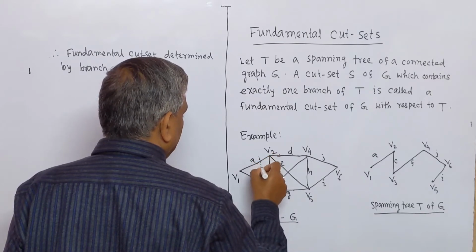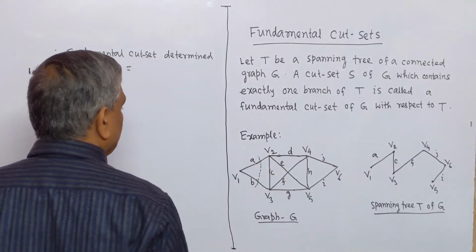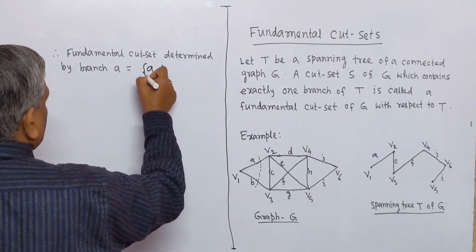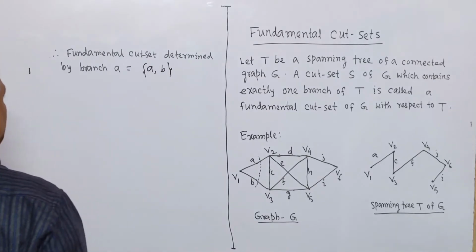So we take the fundamental cut set like this: AB, a set containing elements A and B.